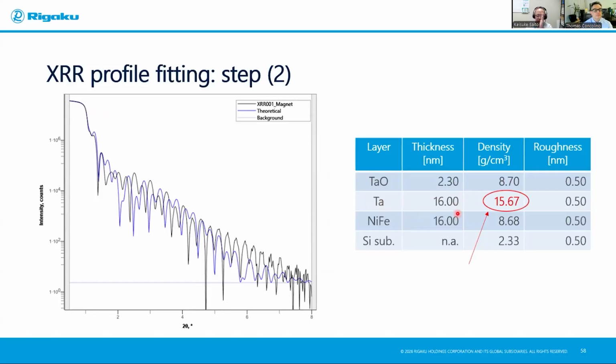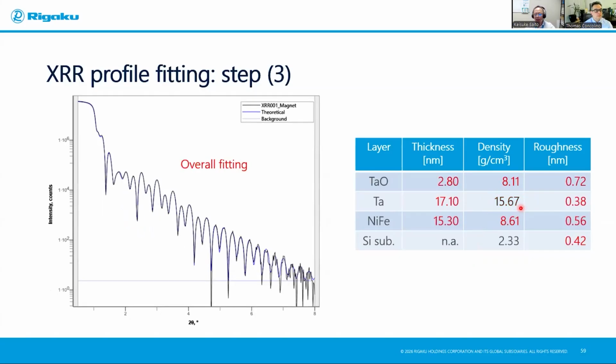And from the fitting, we found the density of the tantalum was 15.7. Those parameters are refined and fitted even manually, because we can see by our eyes. I normally do this fitting manually at the beginning before starting the automated fitting procedure.